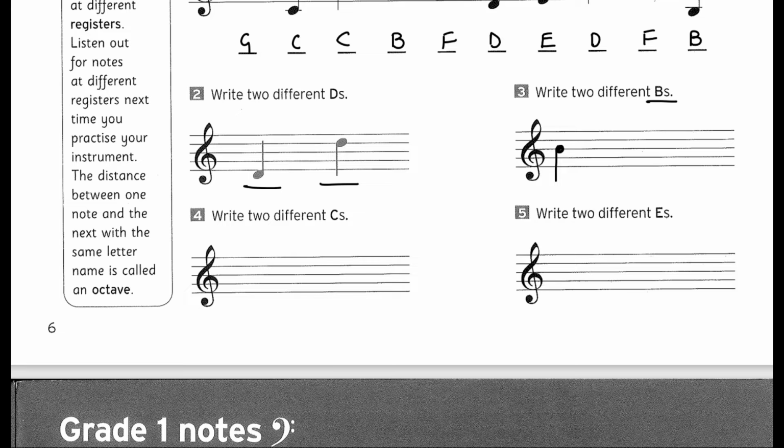A, B, C, D, E, F, G. A is a ledger line and B above is B. Now we have to make 2 Cs. The first C we know is the ledger line, middle C, and the third space is C. For 2 different Es, we know the first line is E from every, and the fourth space of face is E.